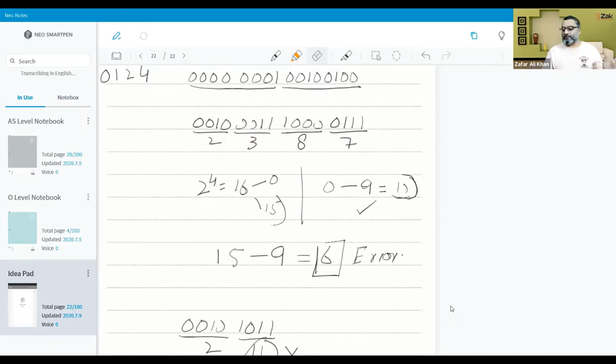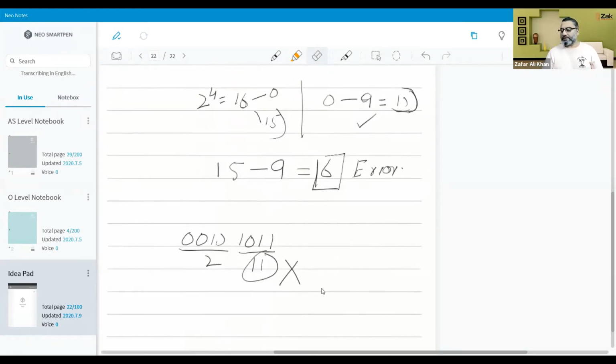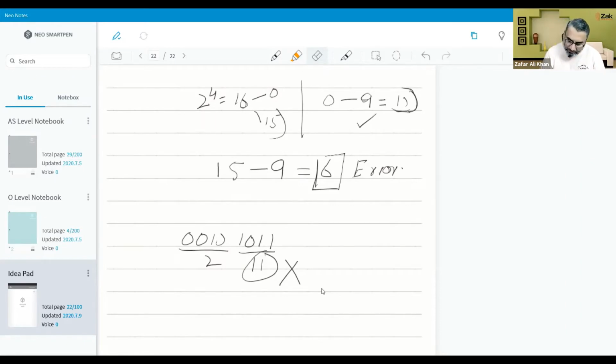But when you perform calculations, or you are given BCD form and asked to convert to denary, you may have situations like this. This is not a BCD number. Had that been in BCD form, these figures should be from 0 to 9, not more than that.